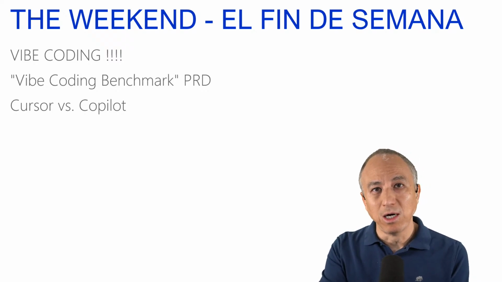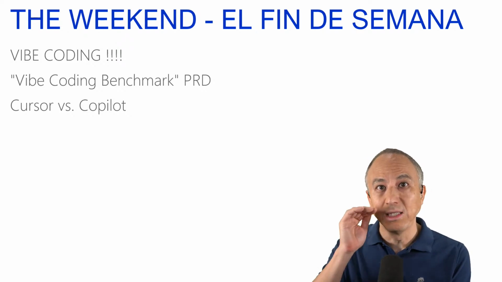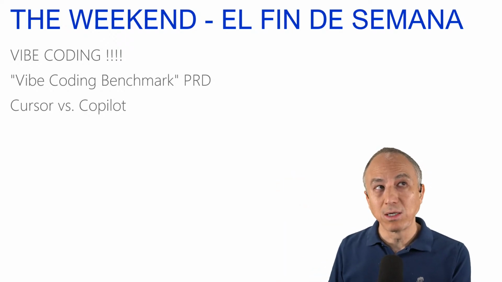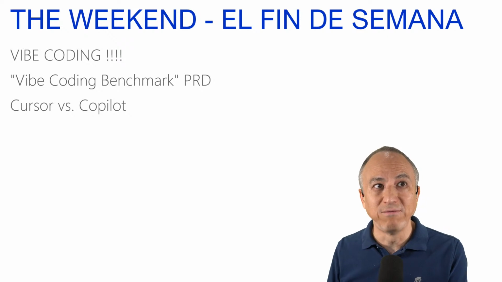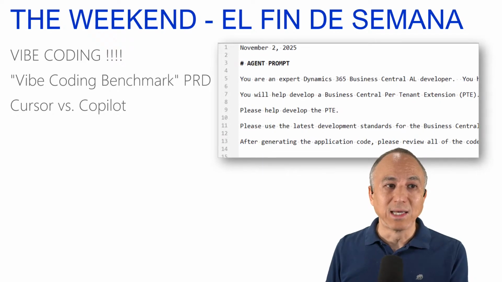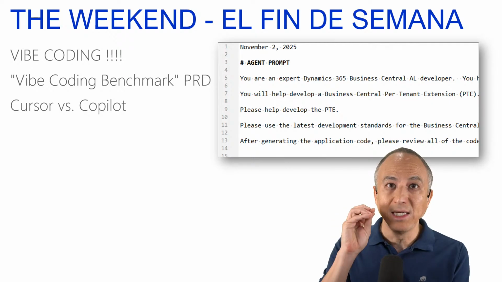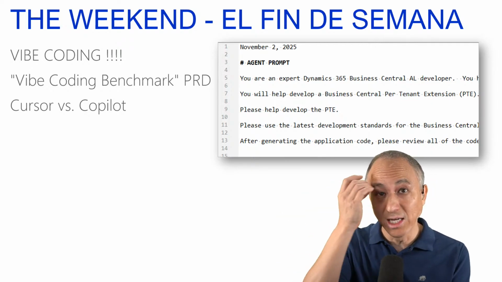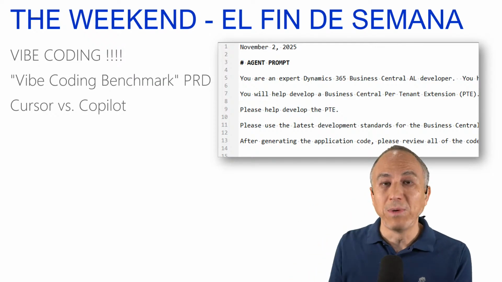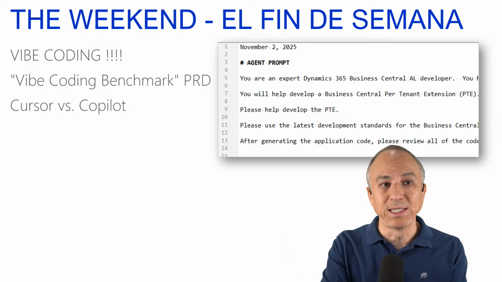So I did a demo of vibe coding with Business Central, doing AL development using Cursor and just letting it run. And it was pretty darn good. I could get it to say 95, 98%. So last weekend, I worked on the prompt and the PRD, refined it, saw the mistakes, went back and modified the PRD to handle those mistakes, repeated it several times, and I'm basically at 99%.